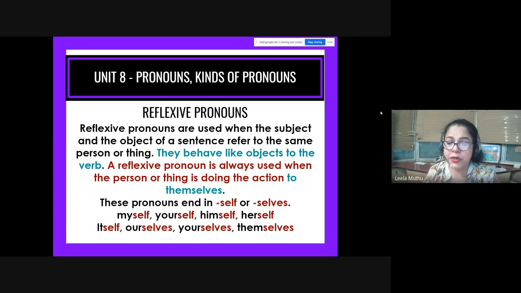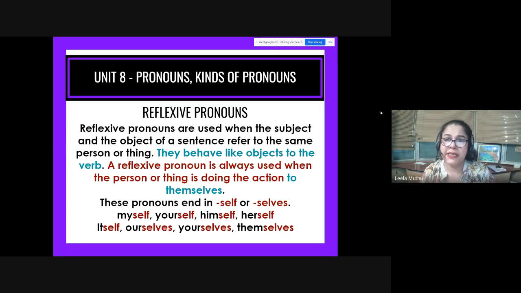So reflexive pronouns are used when the subject and the object of a sentence refer to the same person or thing. Now the subject is the doer of the action, right? What is the object in the sentence? The noun or pronoun which has received the action of whatever's been done to it.